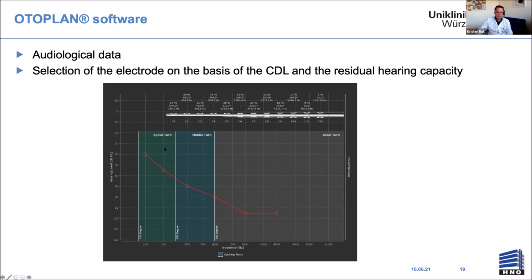We discussed a lot how far we should insert the electrode, and then we decided to use about the 55 decibel area, because if we want to do acoustic stimulation in the higher frequencies, even if the patient loses a little bit, there's still enough power of the EAS system to stimulate the cochlea acoustically. So we decided to use about the 55 decibel mark, and you can see here the inserted electrode.